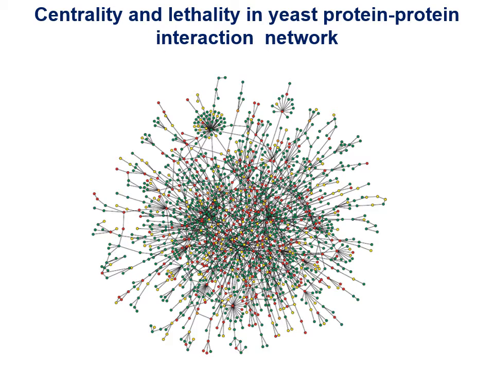So it's a hub, so it's very central. And lethality is given by the graph that I showed you, that these hubs have a higher probability to be lethal to the organism. So this is the theory of centrality and lethality in each protein-protein interaction network, also from Barabasi.